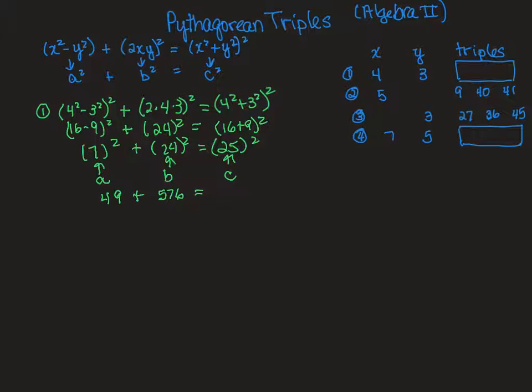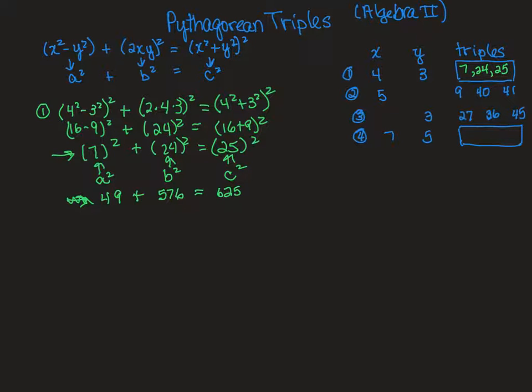It is 625, and that is true. So this A squared plus this B squared equals that C squared. Well, actually, this is the proof. Scratch that out. These are the triples: 7, 24, and 25.